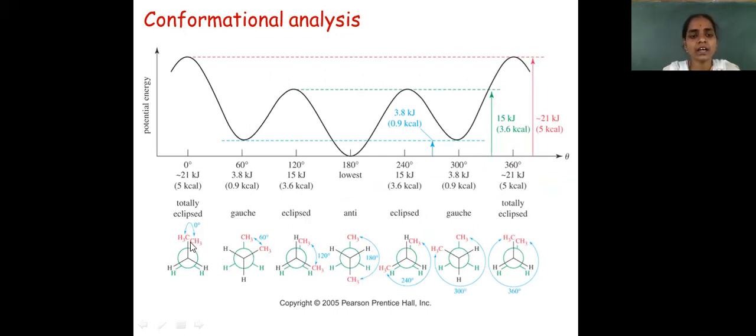When it rotates by 60 degrees, the methyl group is shifted here. Again there is a rotation by 60 plus 60, 120 degrees, where the methyl group comes here. And again there is a rotation by 60 degrees. So this is the conformation.